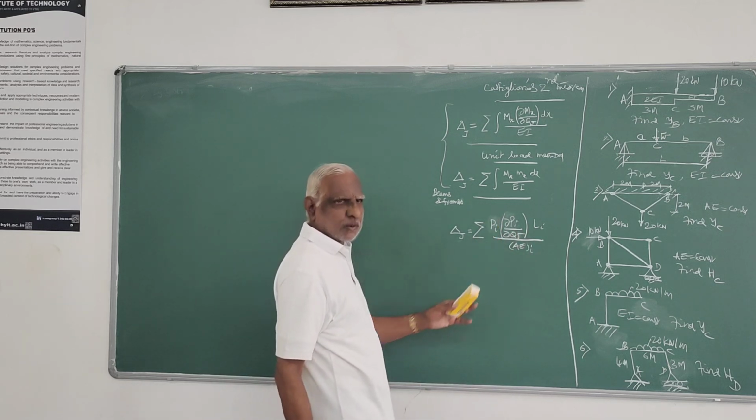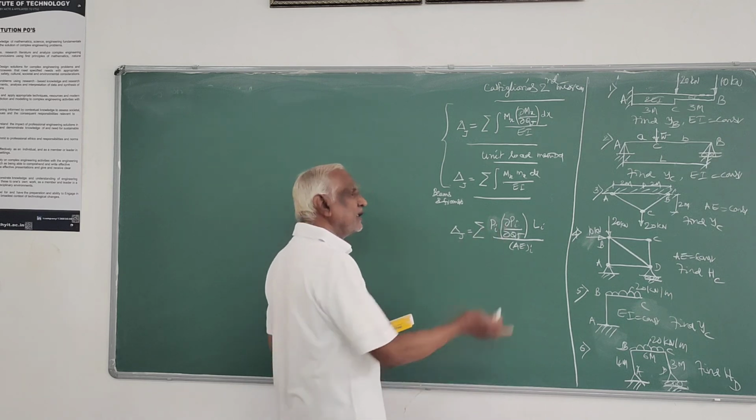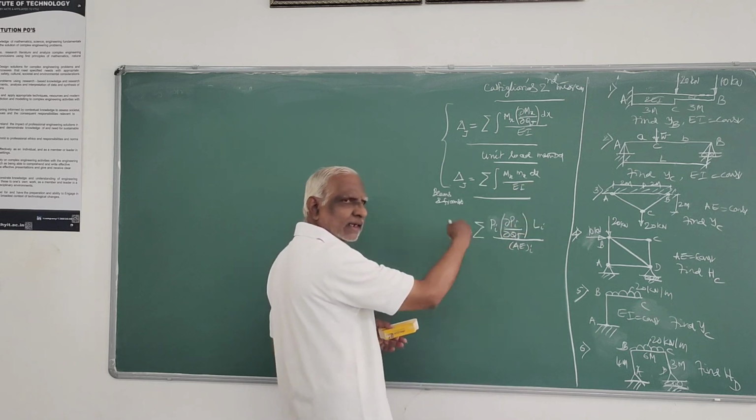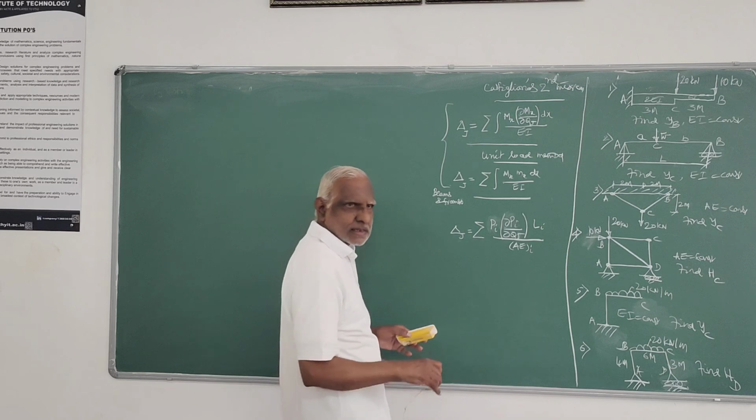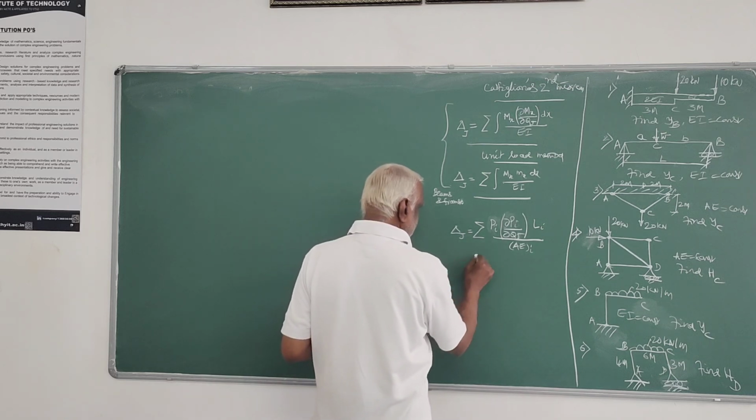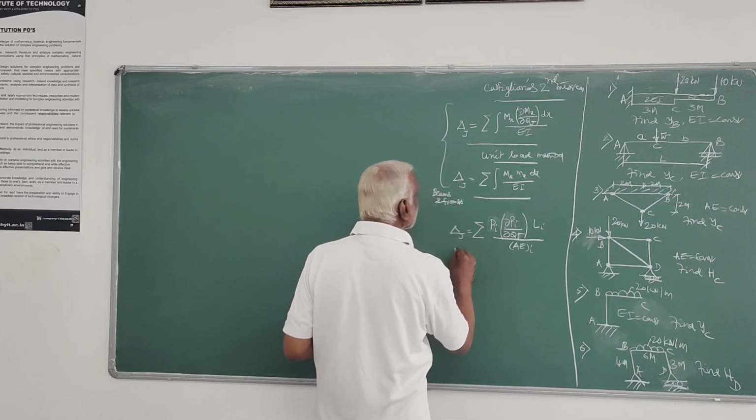You can take it as Q because it is a pin-jointed truss. If that load is already there, that load value finally you can substitute. And this is the formula for the dummy load method.